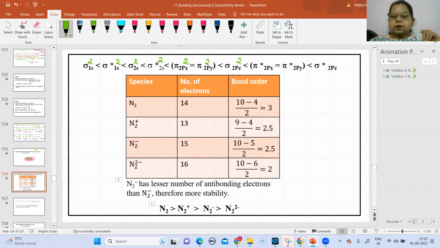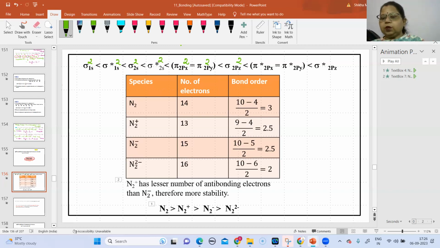So that means these are the electrons which we have to fill. And on this basis, we can always find the number of bonding and anti-bonding electrons, right? With the help of that data, you can find out how many bonding and anti-bonding electrons there are.